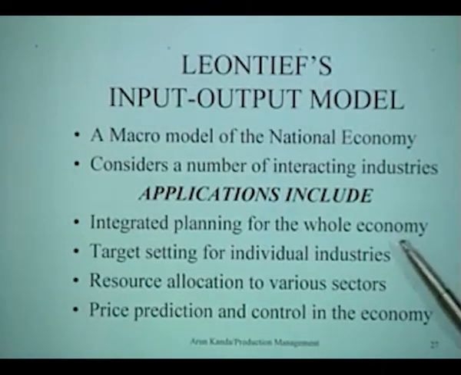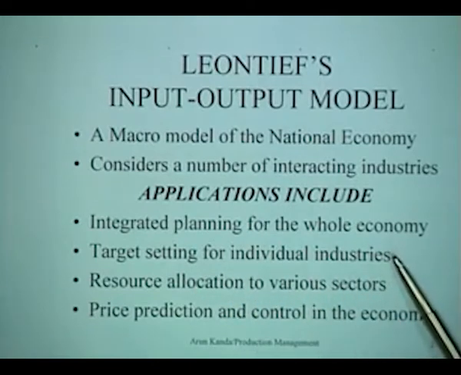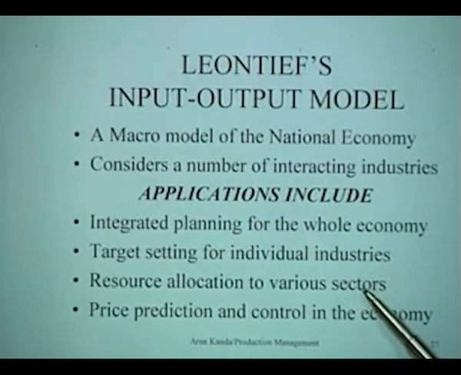You set the targets for individual industries. The targets would be that the agriculture sector should be given so much, and this is their target production for the next 5 years or whatever it is. Resource allocation to various sectors is also possible through this kind of a situation, and price prediction and control in the economy is also possible.